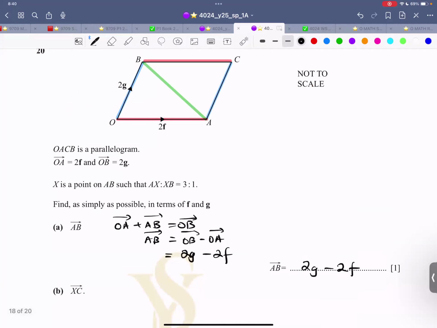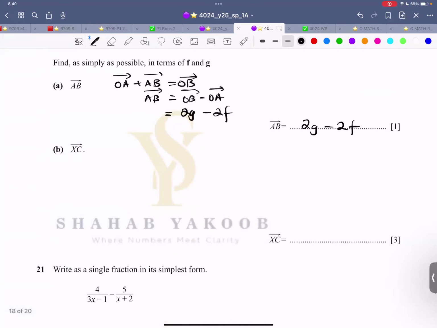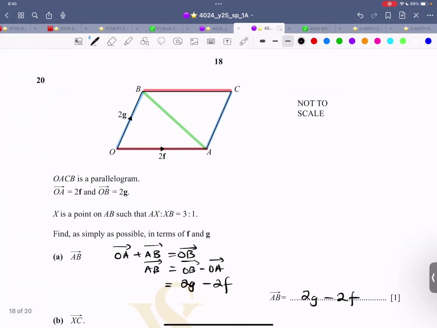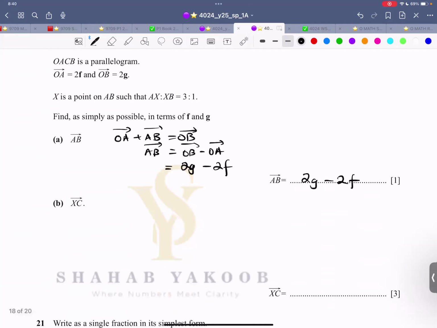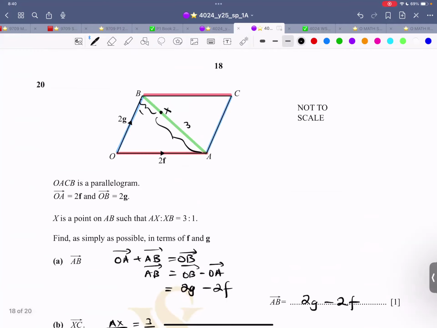XC. So now this would be 3 marks. Yes. So there is a point such that AX to XB is 3 to 1. AX should be somewhere over here. I need to find XC.